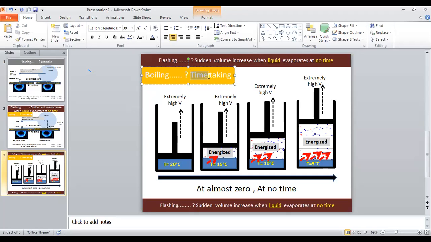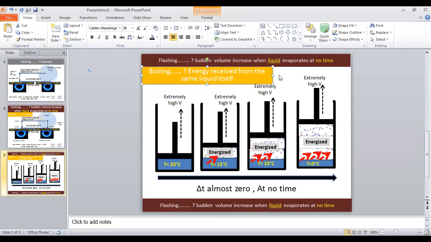Here the energy is received from the liquid itself, the same liquid itself.